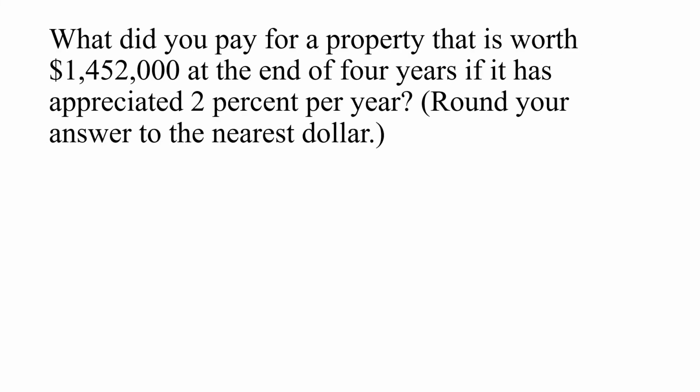What did you pay for a property that is worth $1,452,000 at the end of 4 years if it has appreciated 2% per year? Okay, let's see. Four years, 2%. So 4 times 0.02 equals 0.08.